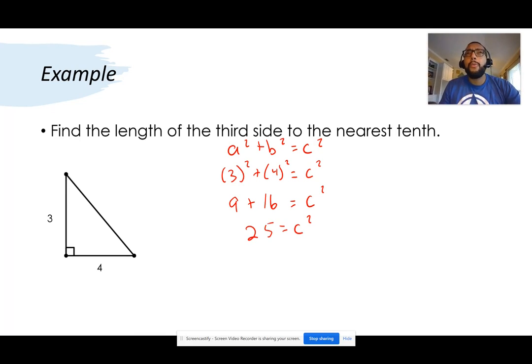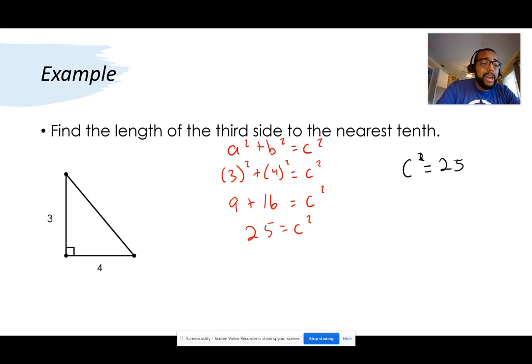So we got the length of c squared, but we need the length of just c. Right now I have 25 equals c squared. I'm almost at the value of c, but I have c squared.